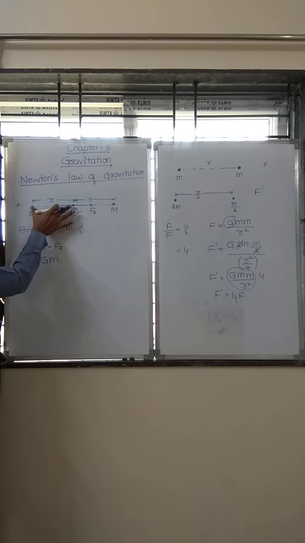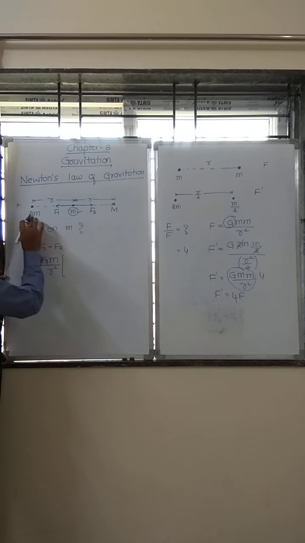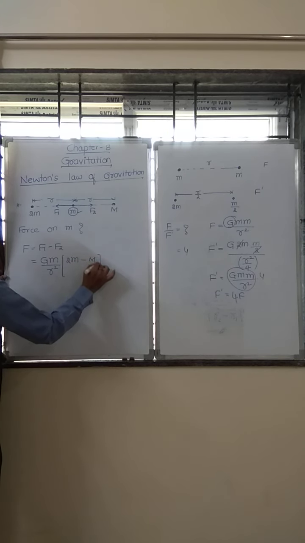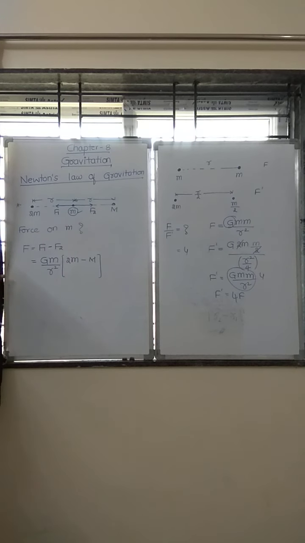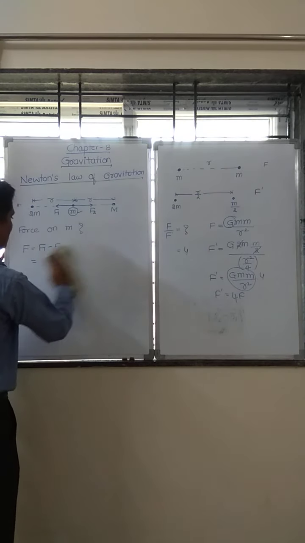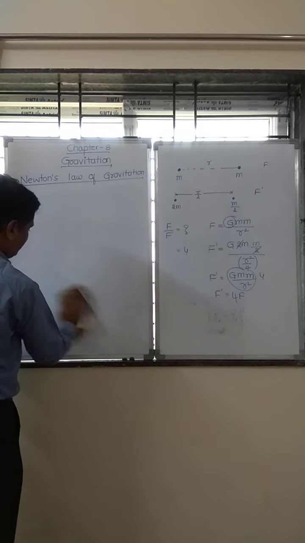And here the distance is r, here also r. Therefore, the distance is also taken as common, r square. Remaining is 2m minus m. Right? So this is the answer. Similarly, we can take other examples. Now I will give some examples. Try yourself.